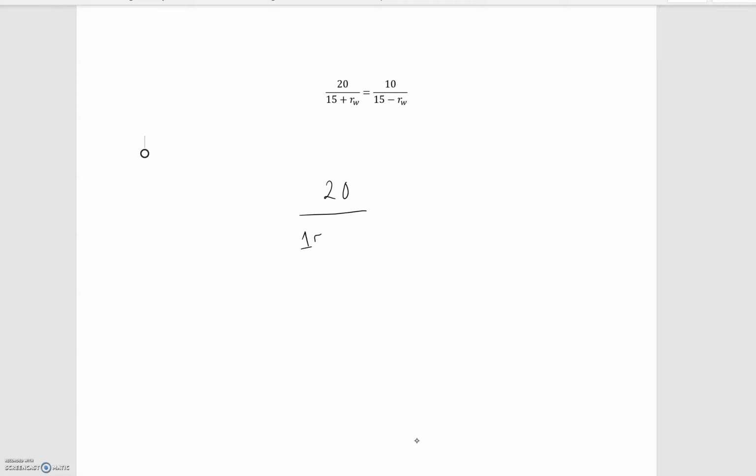So how do we do this? Based off of the last lecture, we have a rational equation. The first thing that we want to do here is get rid of the fractions. The LCD of these two fractions will be the product of the denominators, that's 15 plus r sub w multiplied by 15 minus r sub w.